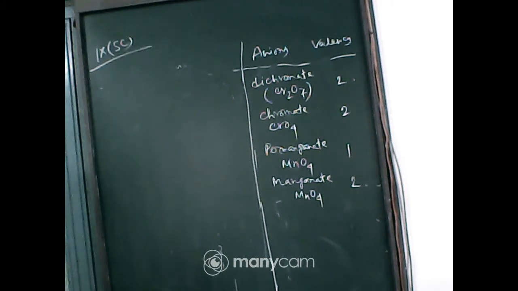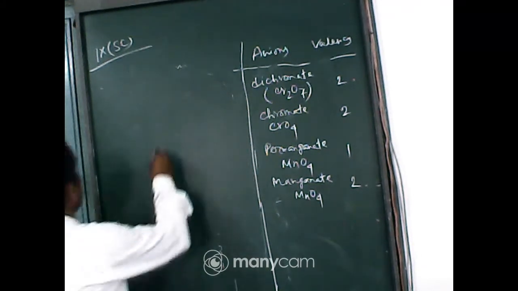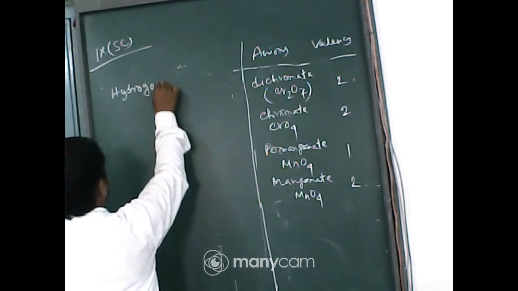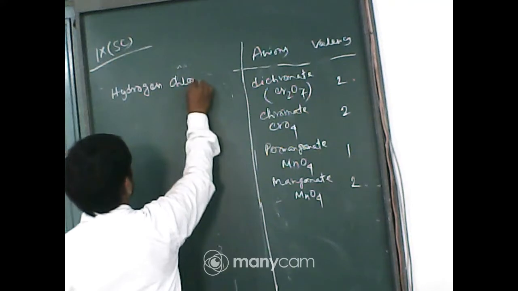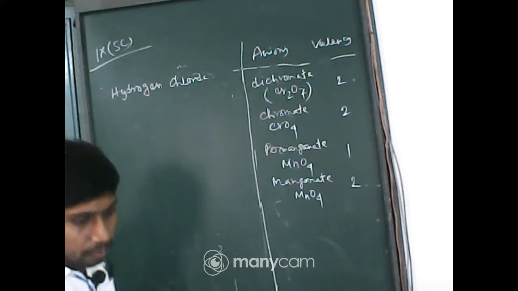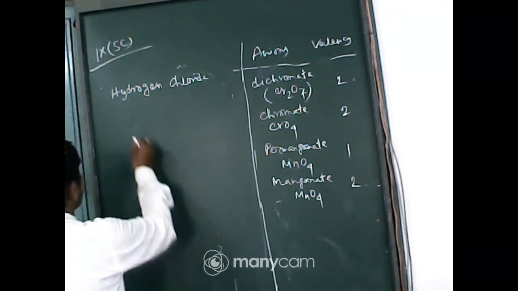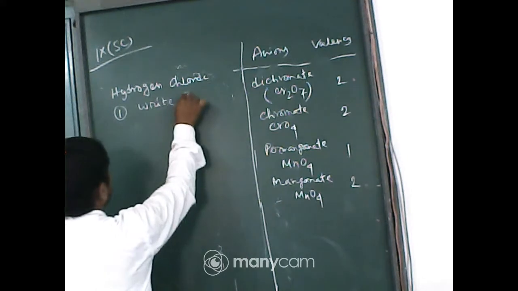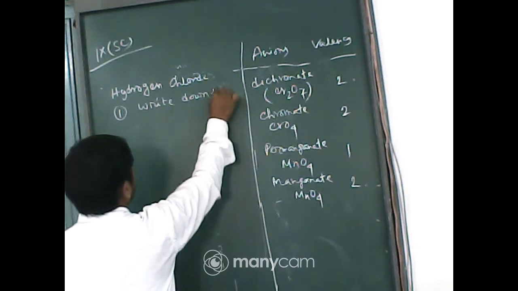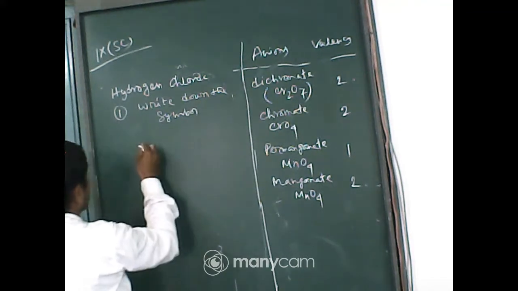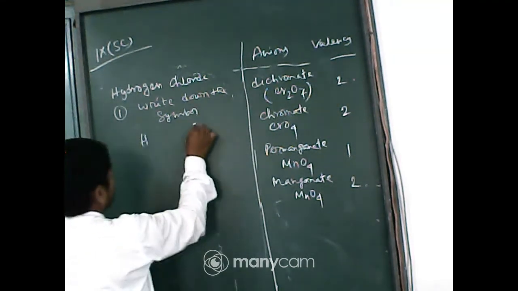The first example given here is hydrogen chloride. So first, number 1, write down the symbol of the constituents. So hydrogen H, then chlorine.